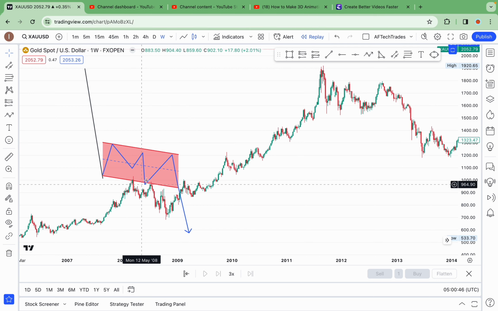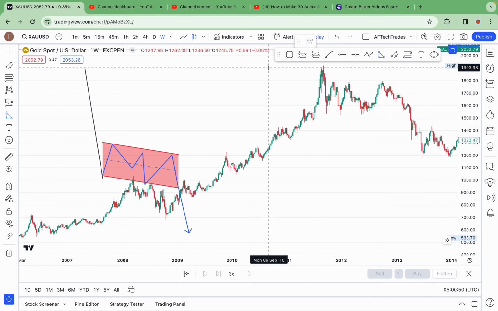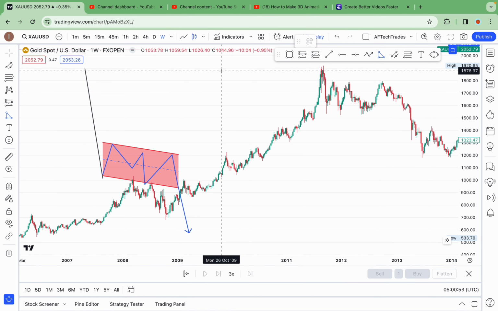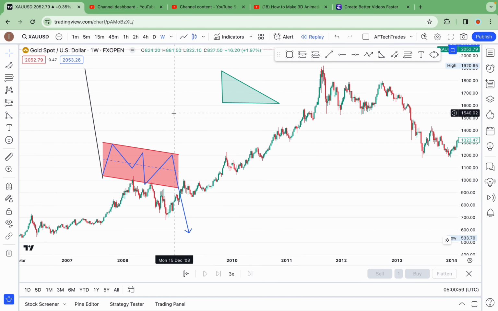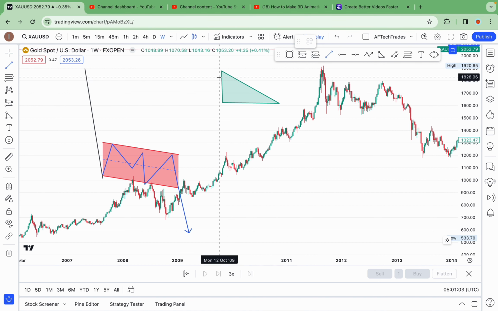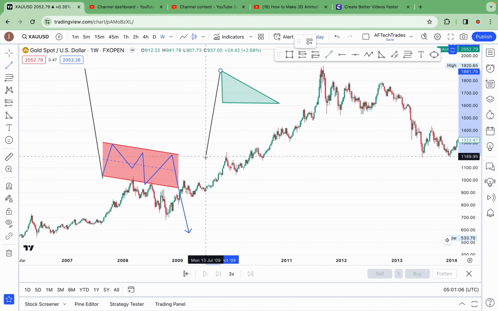And then you have some shapes that come out like this. Let me take this. This is the wedge pattern. So this wedge pattern happens in an uptrend.